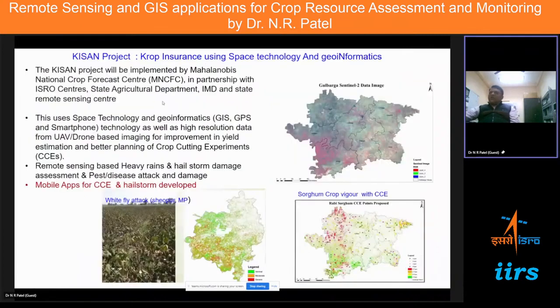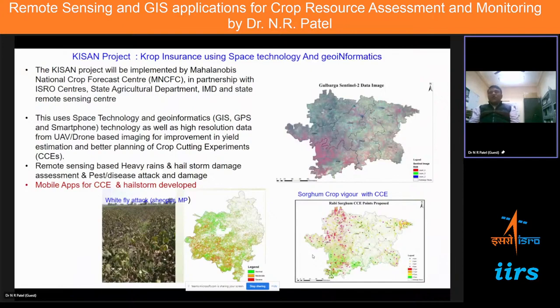Then there is Kisan, crop insurance using space technology and geoinformatics. Under that, damage because of pest and disease, cyclones, hailstorms, or any crop water stress, heavy rain, and off-seasonal rain can be assessed in this program.